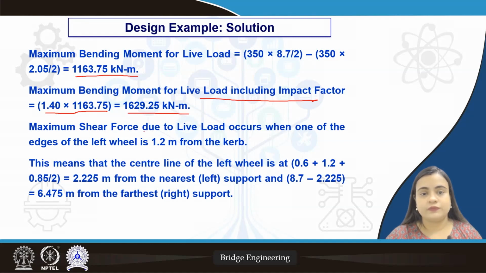The maximum shear force due to the live load occurs when one of the edges of the wheel is 1.2 meter from the curb. 1.2 meter is the minimum clearance that we require to provide.